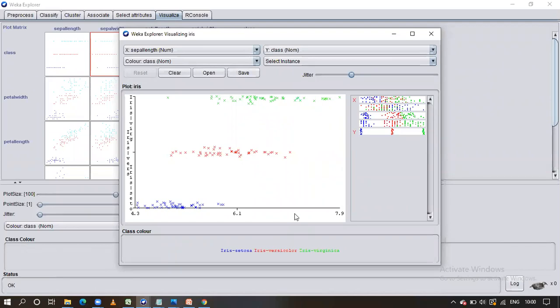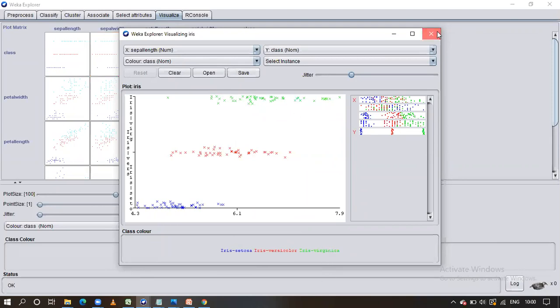These are the three classes. Clearly, this is one cluster, this is one cluster, and this is one cluster. Blue is setosa, red is versicolor, and the third one, virginica, is the light green color.